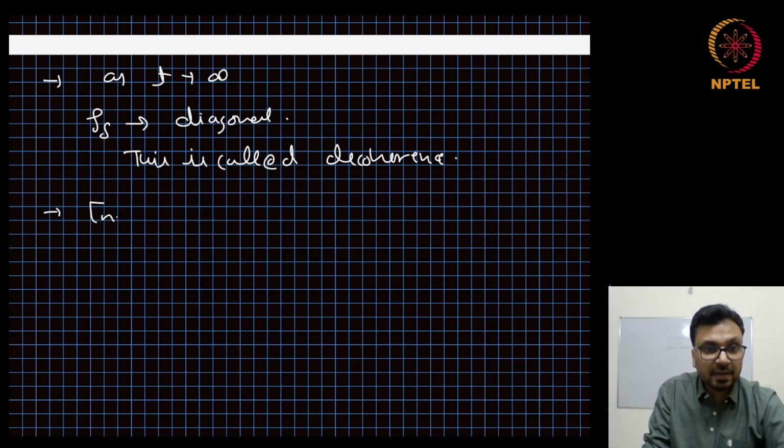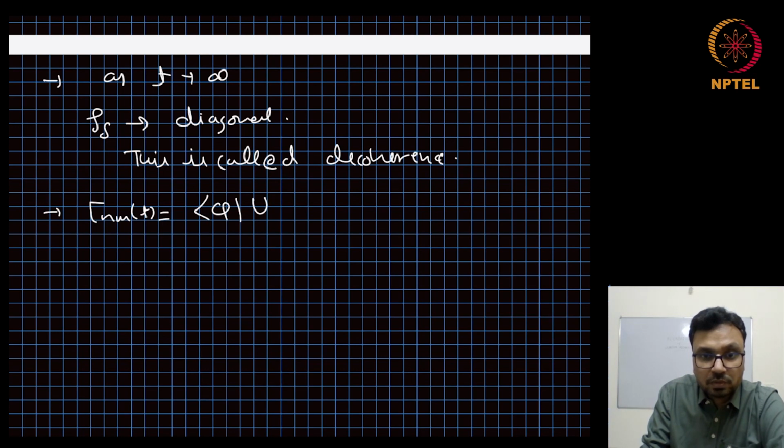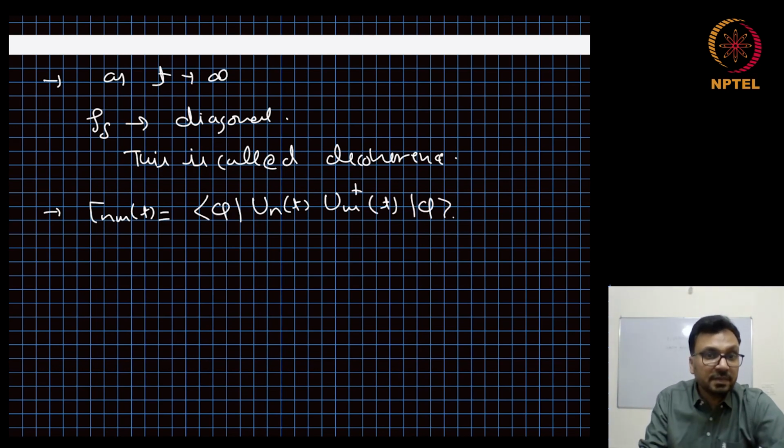We can see Γ_nm(t) is given in terms of U_n(t)† U_m(t). So Γ_nm depends on the initial state of the system and the interaction Hamiltonian of the system and bath.